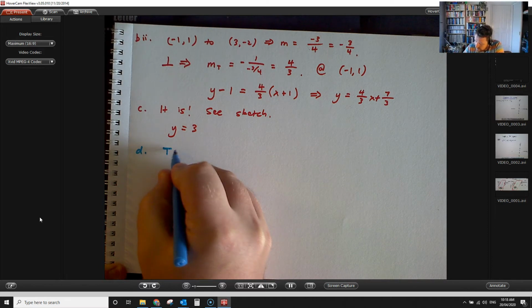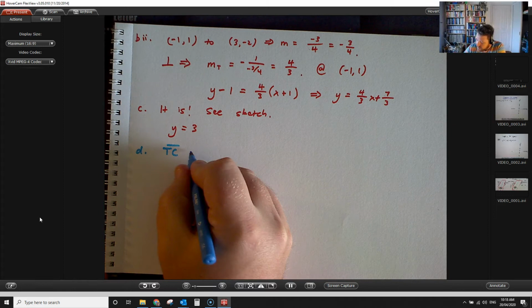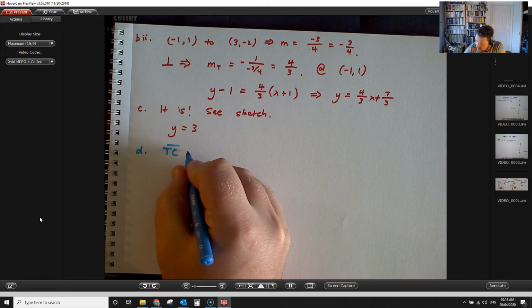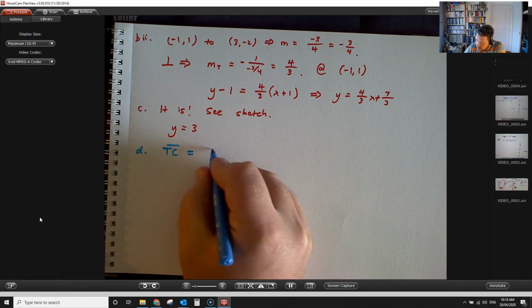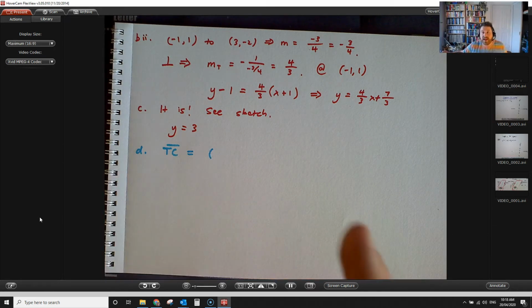Okay, so the line TC from T to our center is going to be the line that goes from (4, 10) to (3, -2).